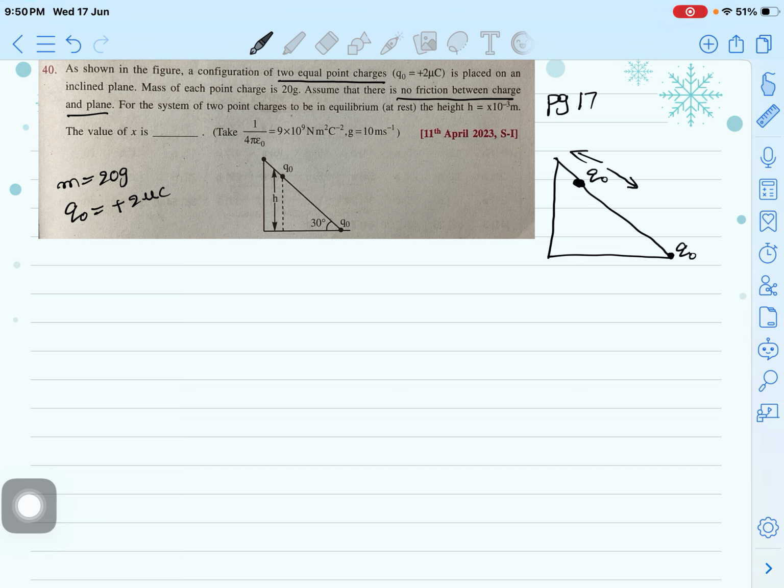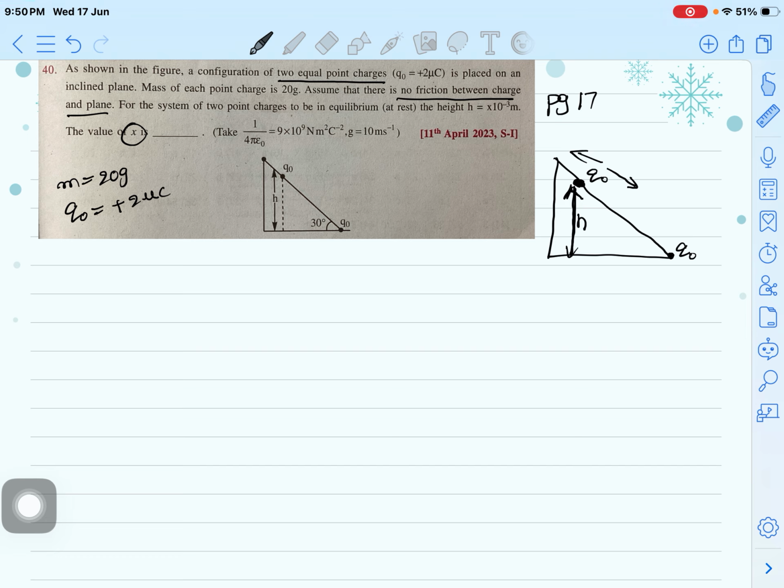The upper Q naught is located at a height h, and they are asking what height h is required for the upper charge to be in the equilibrium state.